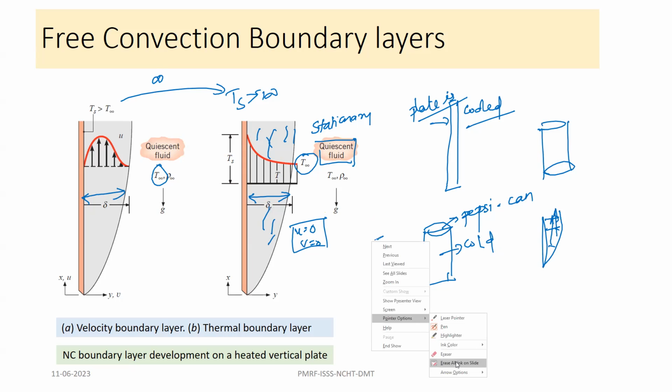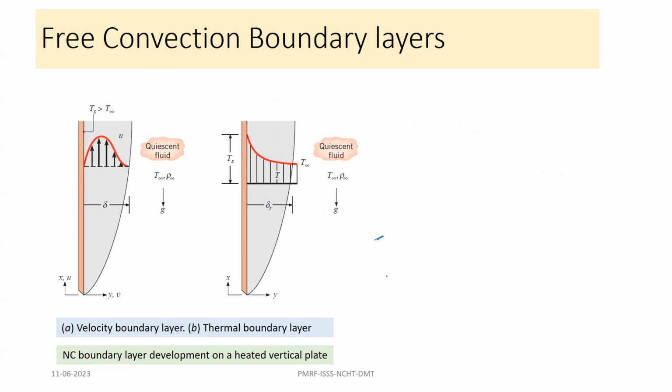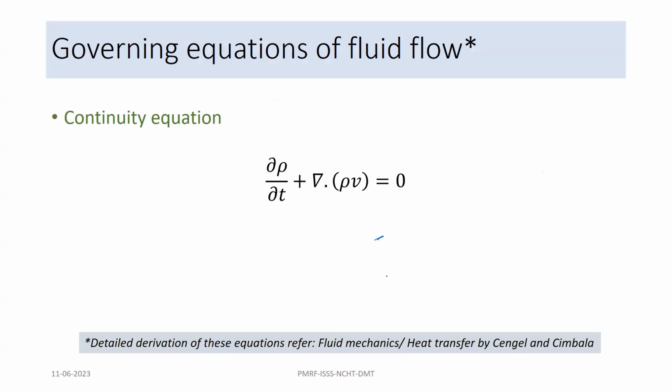Now we need to analyze this mathematically, how u, T and all are quantified. For that, let us have a quick understanding of the governing equations of fluid flow. The essential governing equation of fluid flow is the continuity equation.